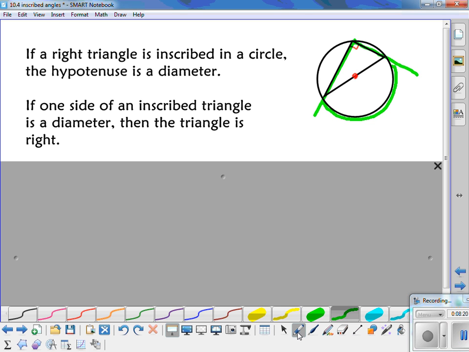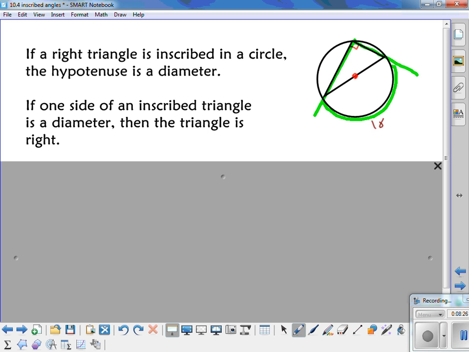And it's an inscribed angle, so the angle is half of the arc, and this is a semicircle because the endpoints are a diameter, so this has to be a right angle. And then the converse is also true. If one side of an inscribed triangle is a diameter, then the triangle is a right triangle.